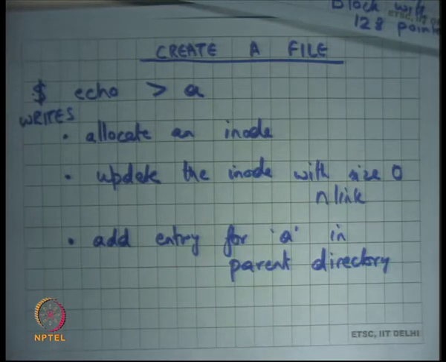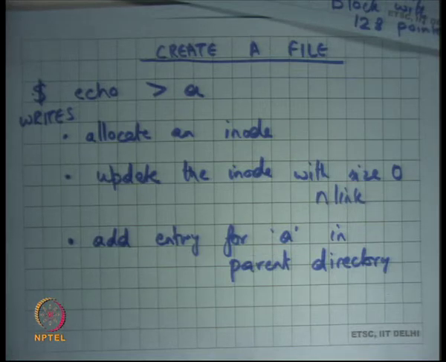You may actually need to go through the directory's inode and the directory's data blocks to get to that point, and then you update the directory's data block. So in this case, the updation of the directory's data block means adding or appending to its contents. So what's the last thing you need to do? Update the size of the directory, right?